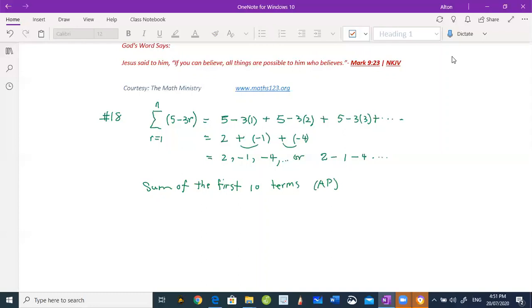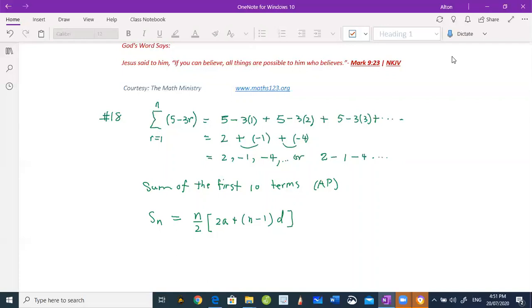If you scroll up and look at the top of your formula sheet, you will notice that for an arithmetic progression or arithmetic series, the sum of the first n terms is n over 2, open brackets, 2 times a plus n minus 1 times d.